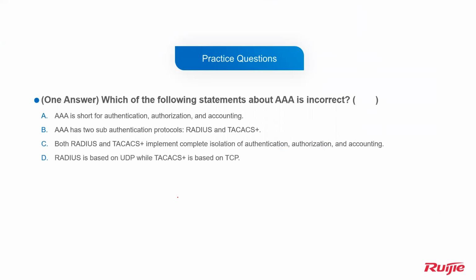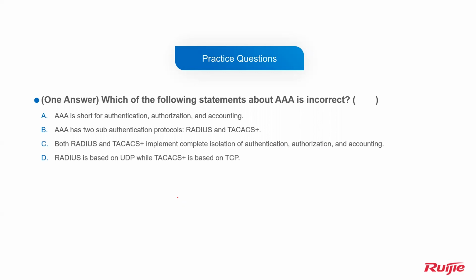From these questions, we hope you can do a review of what we have just introduced in this part. Which of the following statements about AAA is incorrect? A, AAA is short for authentication, authorization, and accounting. It's true, or it's correct. B, it has two sub-authentication protocols, RADIUS and TACACS+. Yes, it's correct.